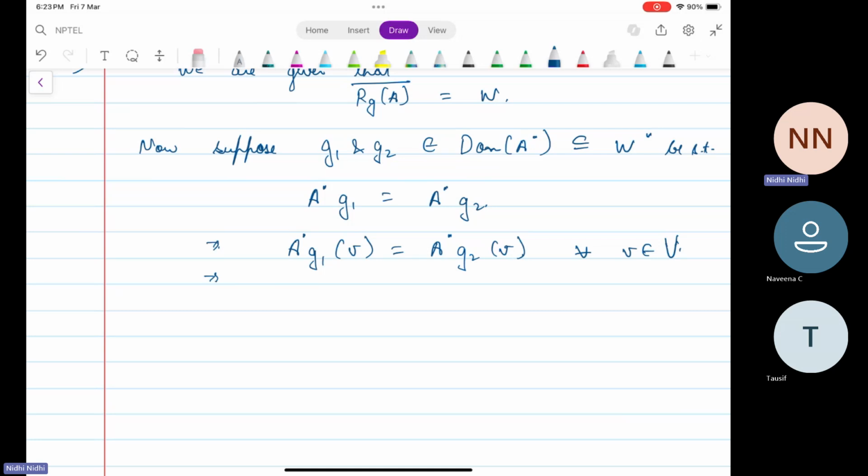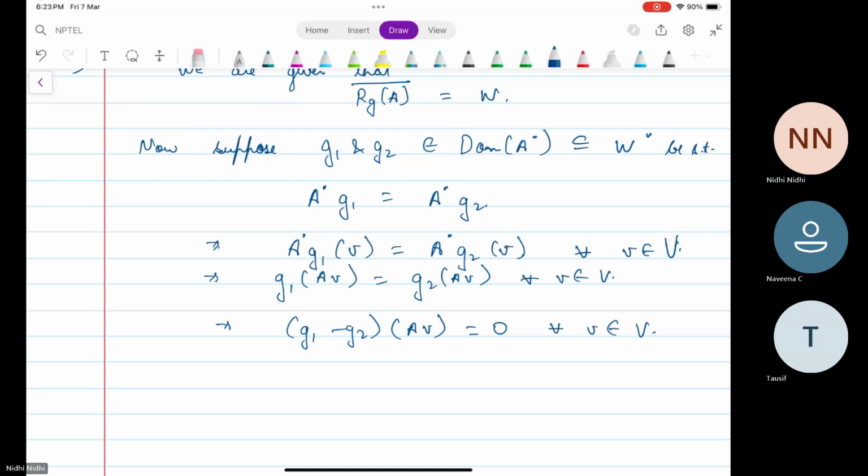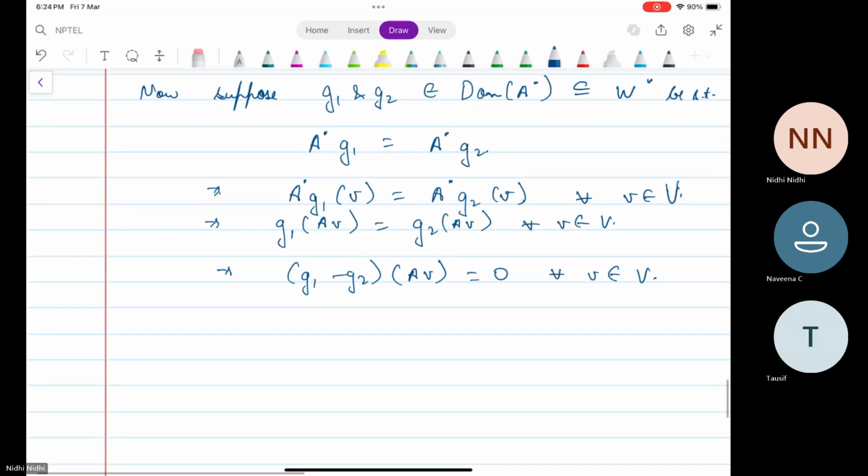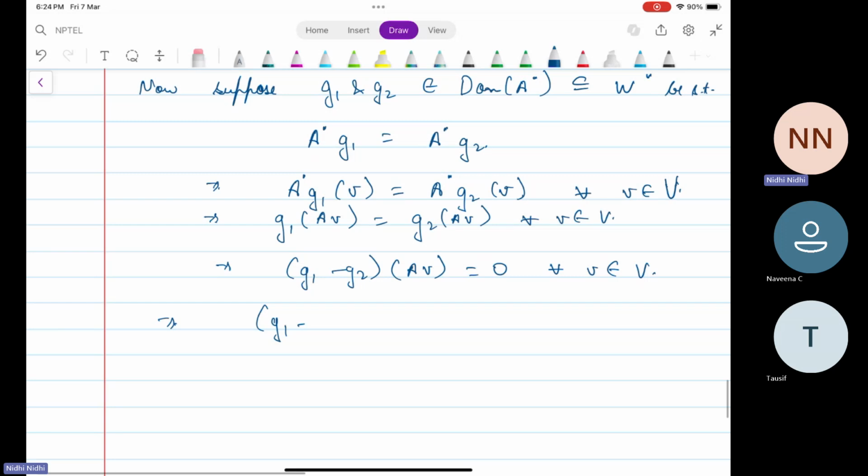So by definition of star, this is g1 Av is equal to g2 Av for every v in V. This gives us g1 minus g2 at Av is equal to 0 for every v in V. This implies g1 minus g2 at w is equal to 0 for every w belonging to range of A.